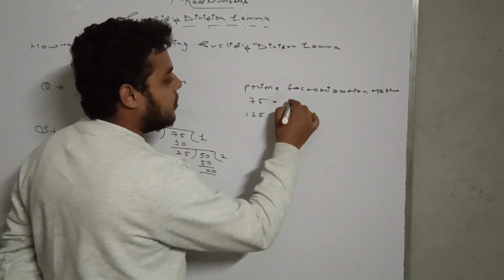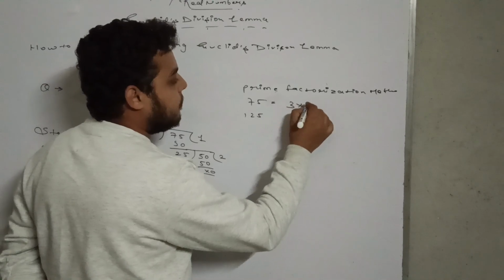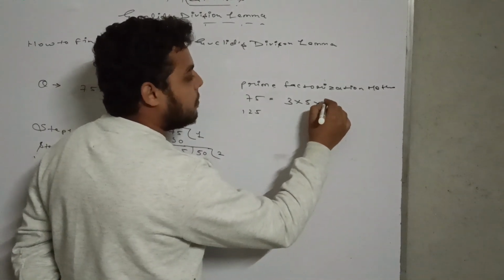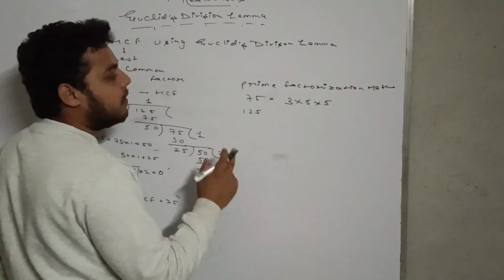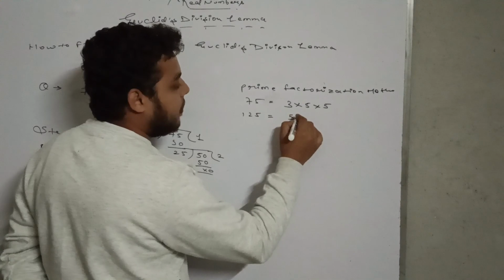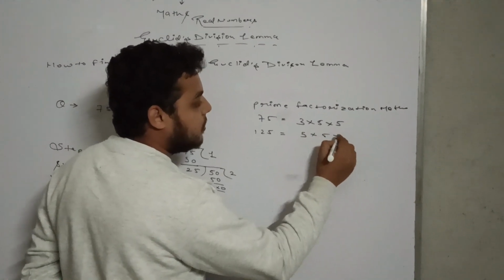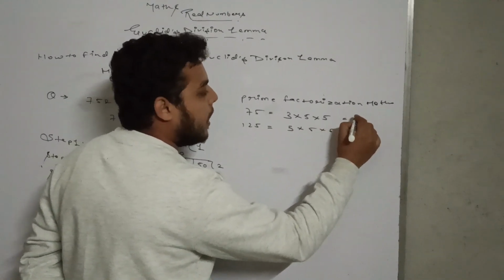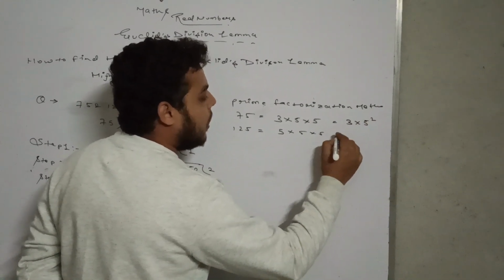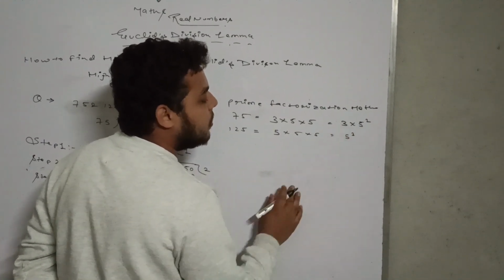I can write it as 3 times 5, that gives us 15, and 15 times 5 will give us 75. For 125 I can write it as 5 times 5 times 5. So 75 is 3 into 5 raised to the power 2, and 125 is 5 raised to the power 3.